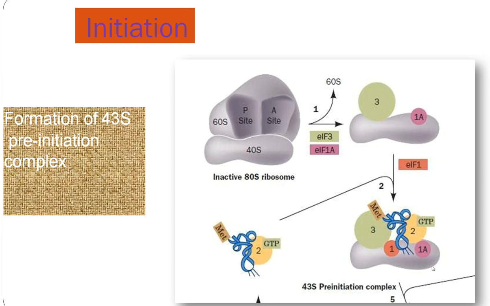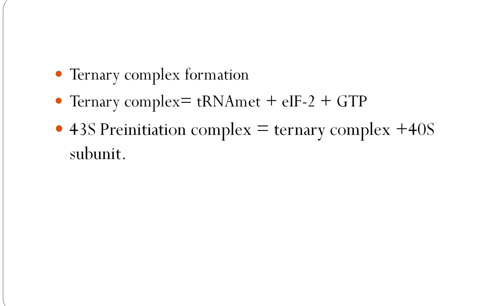In this picture you can see the ternary complex with the Met-tRNA plus eukaryotic initiation factor 2 and GTP. This ternary complex attaches to the stabilized 40S ribosomal subunit, and the 43S pre-initiation complex is formed.